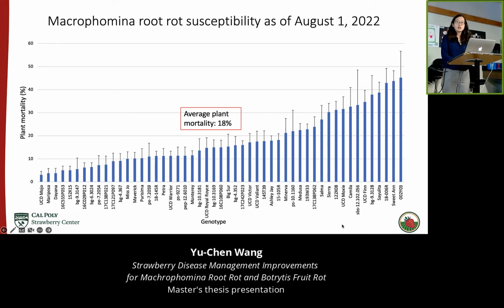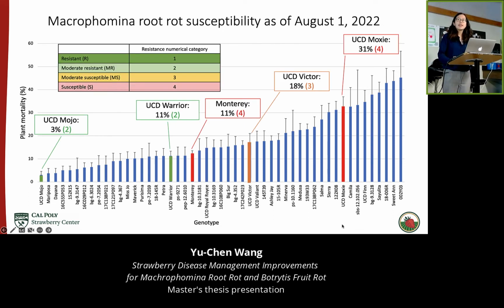The mortality rates go from 3% to 45% with an average of 18%. Again, I pointed out some UC cultivars. They match the order in our study as well. Just Monterey is showing more resistance than UCD Victor as well.